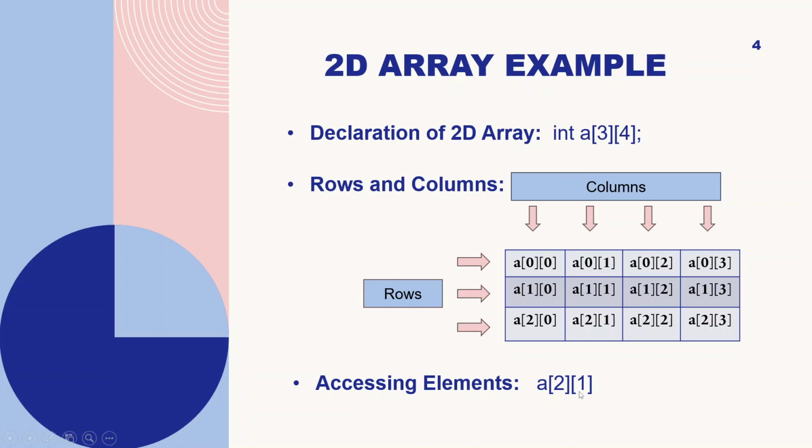A[2][1] represents the element of the third row and second column here. So a 2D array works like a matrix with rows and columns.